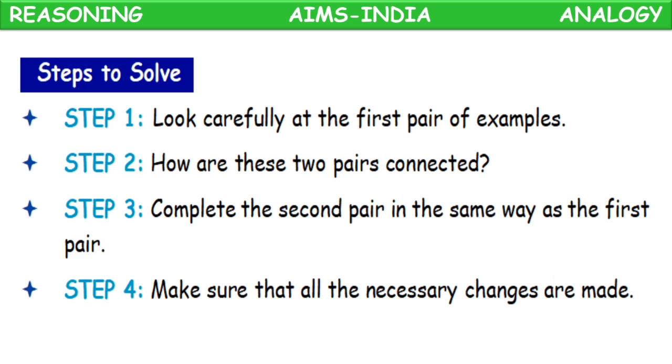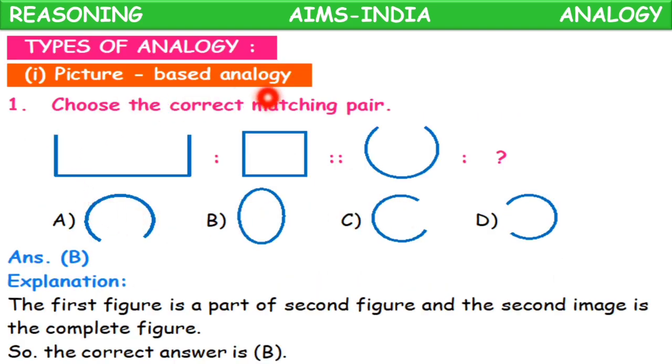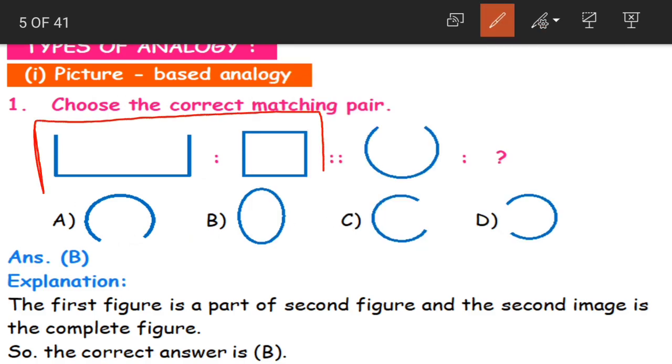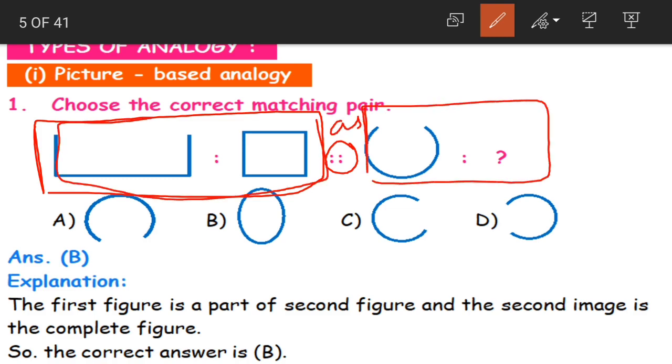What are they saying? In the example, let us take our first analogy here, that is picture based analogy. We are having two pairs as usual. This is our first pair. Before as we have one pair and after as we have the another pair. We need to understand the relationship between these first two figures.